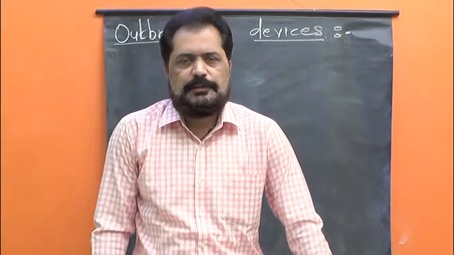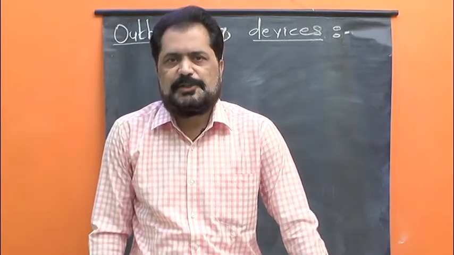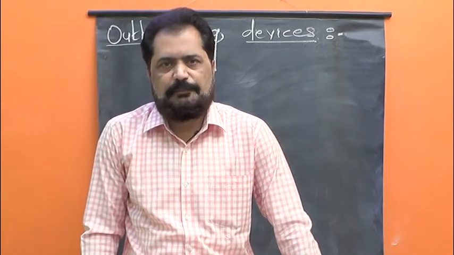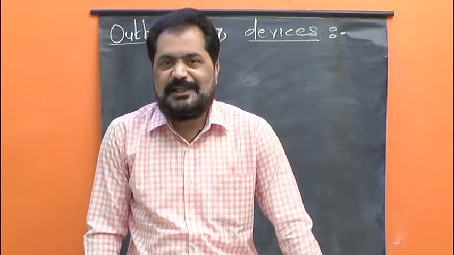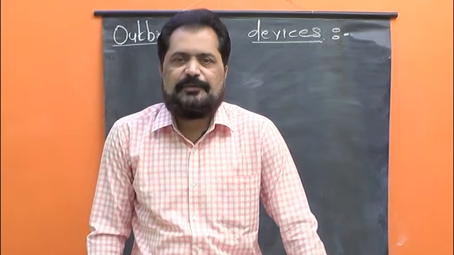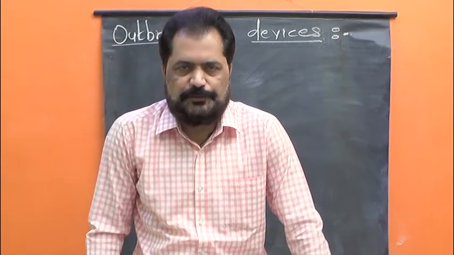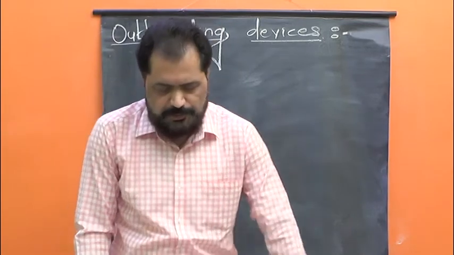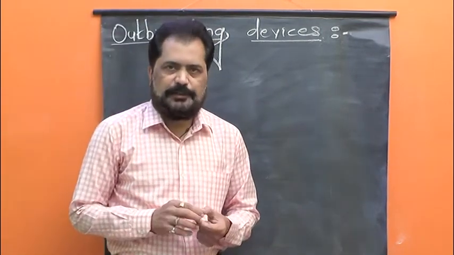It means these are different specialized devices, different specialized mechanisms which discourage or prevent self-pollination and facilitate cross-pollination. In this topic, we have to study in all 6 different outbreeding devices.